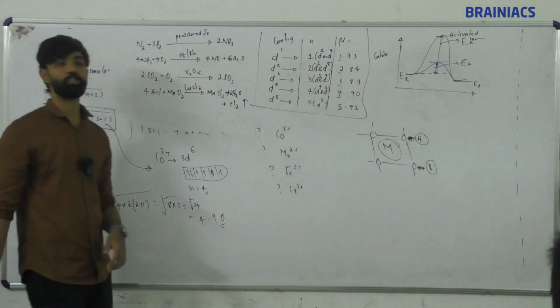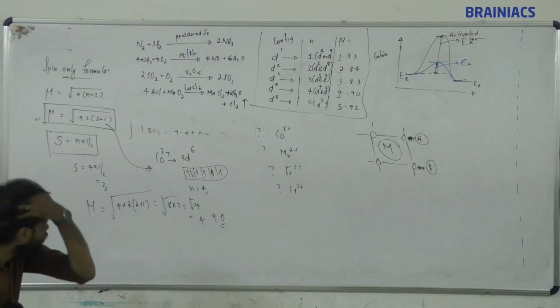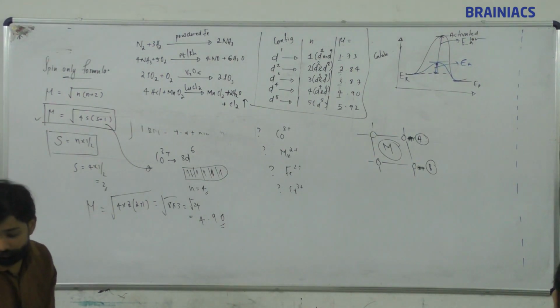All are transition metal compounds. Okay, so usually transition metals are used as catalysts.